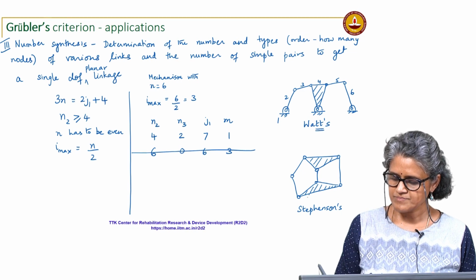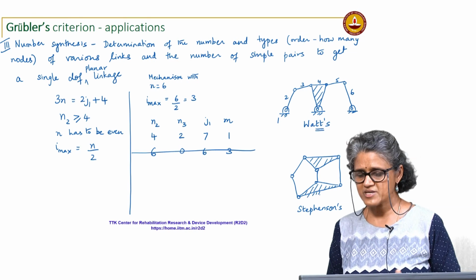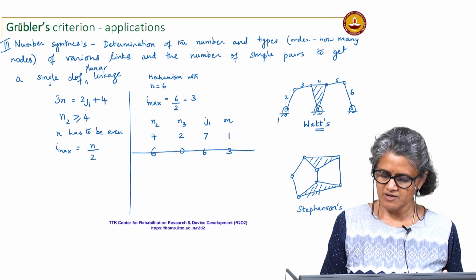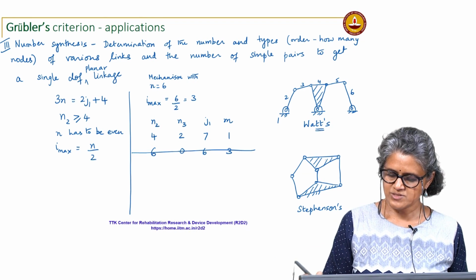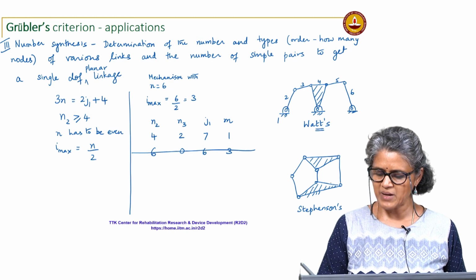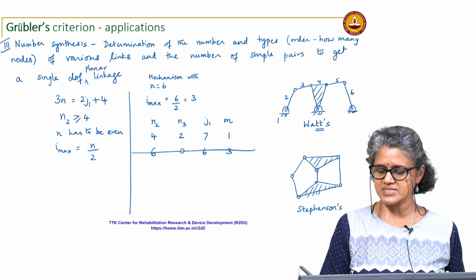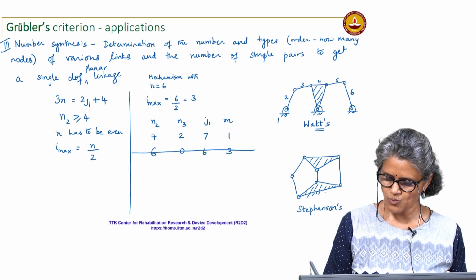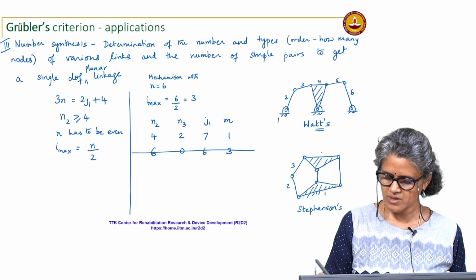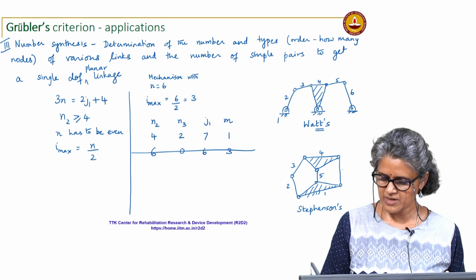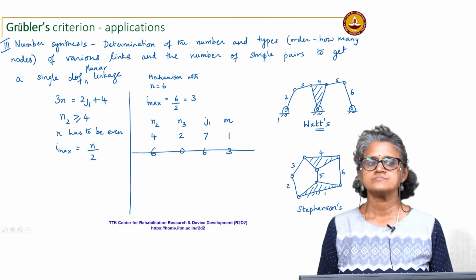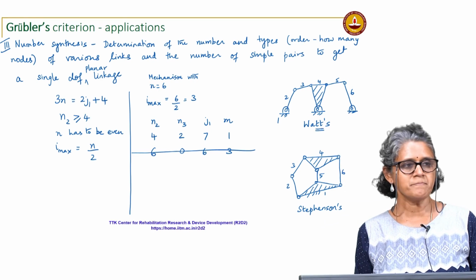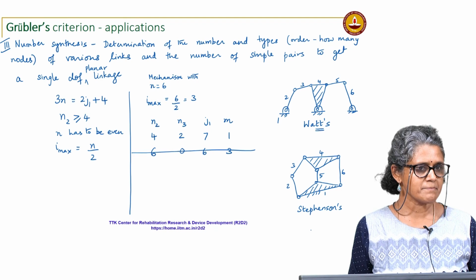This could be fixed or any of the others could be fixed, as we will see when we come to inversions. So, in Stephenson's chain, the two ternary links are separated by a binary link. So, you have again 1, 2, 3, 4, 5, 6. Again J1 will be 7 in both of them, mobility equal to 1.